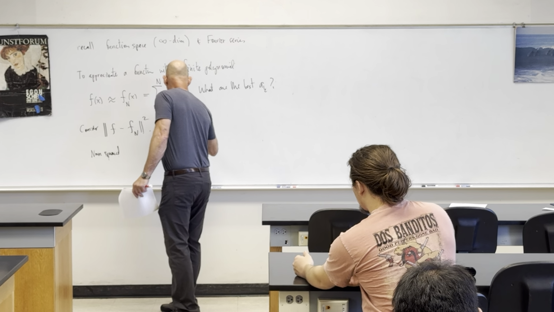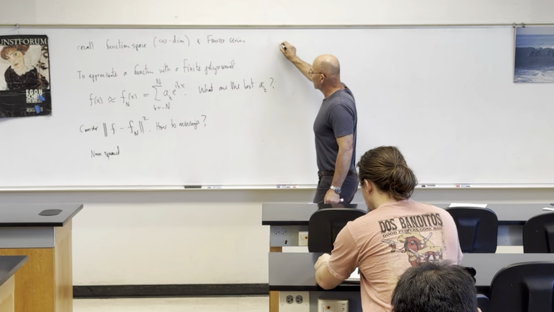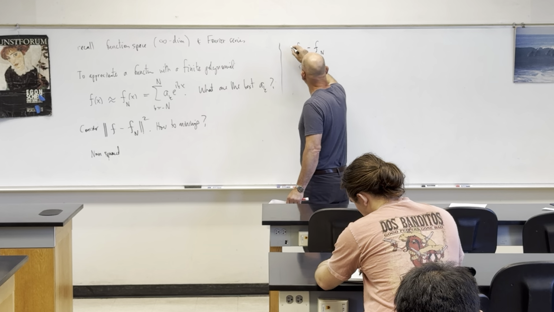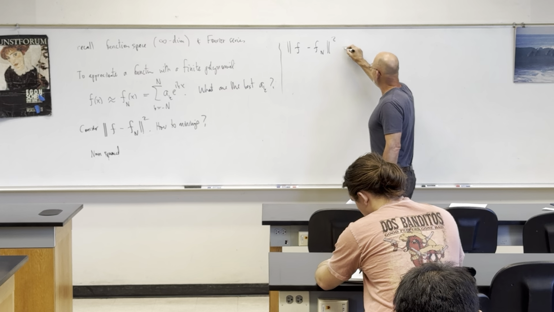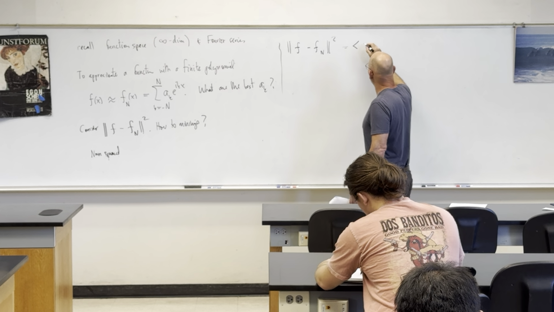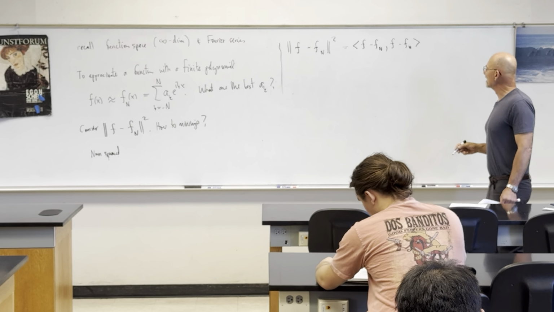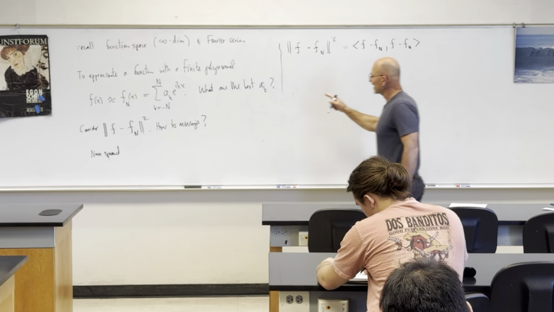How to minimize? So we'll get started in the following way. We have f minus f sub n squared. That is equal to the scalar product of f minus f sub n with itself. There's a number of symbolic steps we can do before we actually have to plug in these concrete expressions.